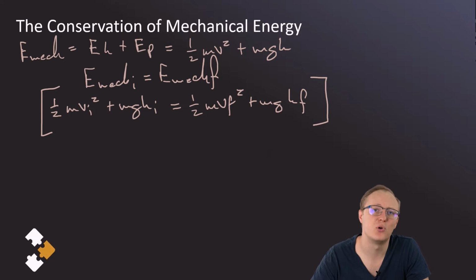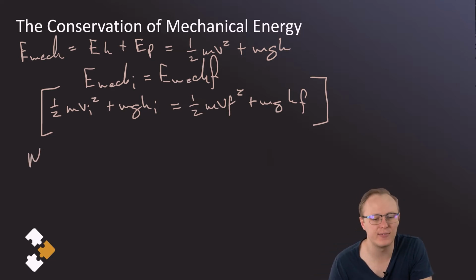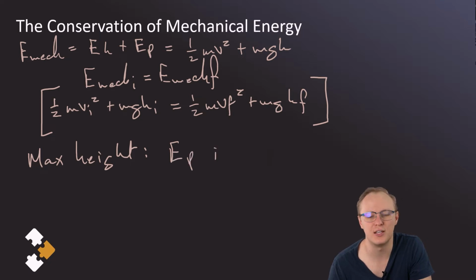Now, another important thing that we understand is what they mean when they say at a maximum height or when it's going at its fastest, right? So when we have a maximum height, okay, that is going to be when the gravitational potential energy is at a maximum.